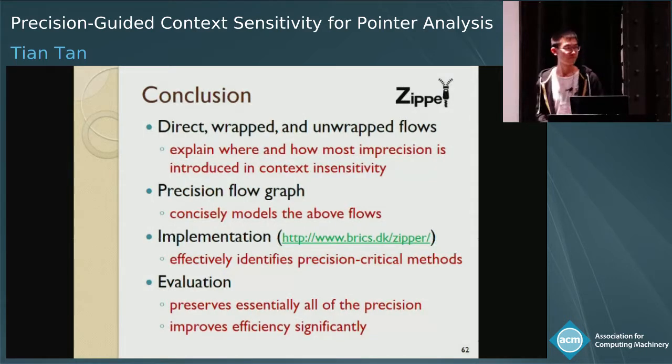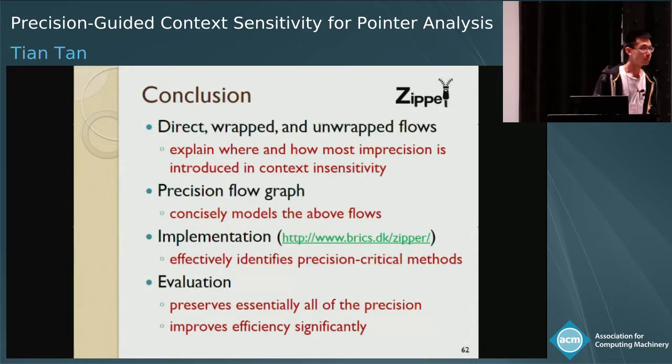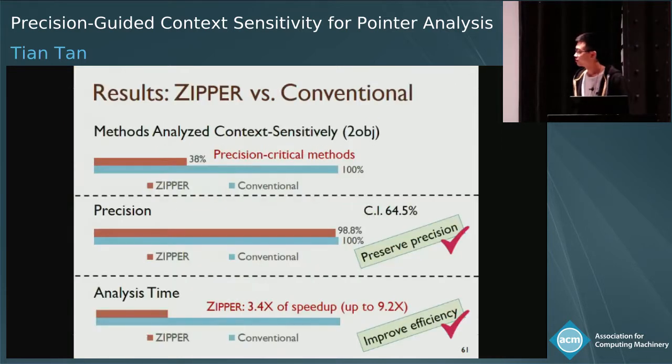I have a question, like how do you prove that the methods that Zipper prunes are actually critical? Sorry? How do you prove that the methods that Zipper is pruning are actually critical for context sensitivity? These are our results. If the methods identified by Zipper were not critical to precision, then it would not be possible for Zipper to achieve precision close to the conventional one.